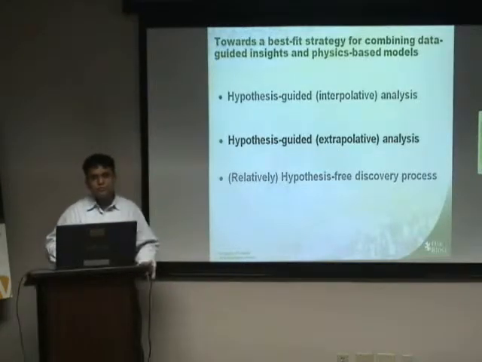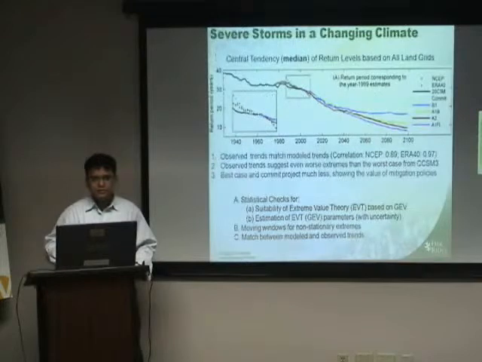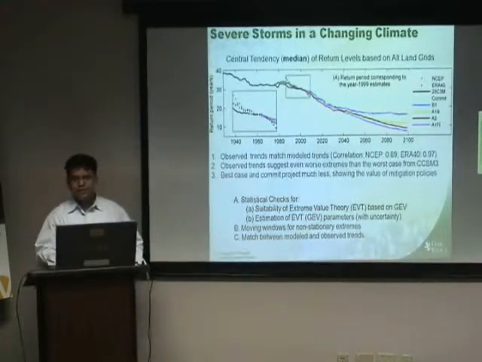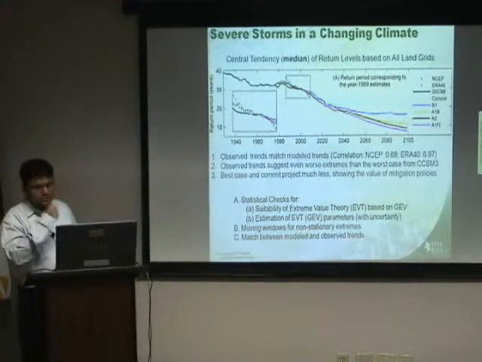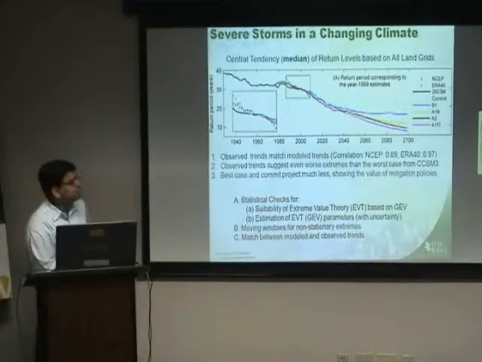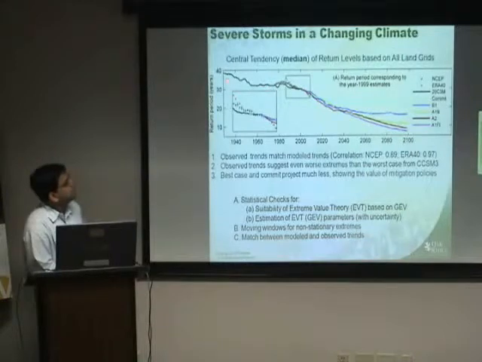Now I'll go over this extrapolative analysis, where we look at extremes in a slightly different way, through the statistical approach of extreme value theory. What we show here is the 30-year rainfall event right now.